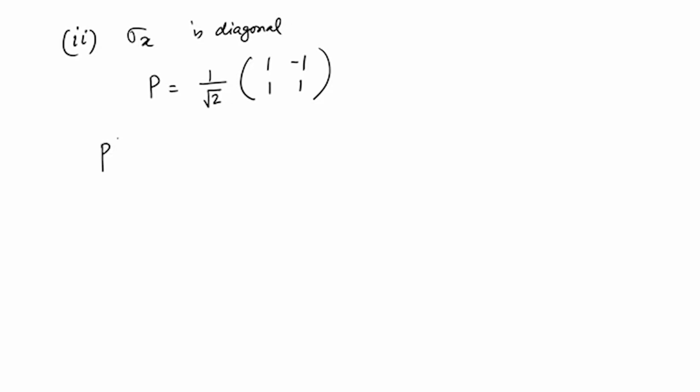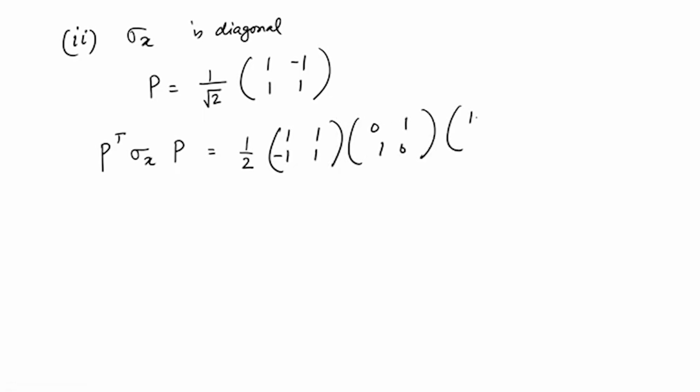So, if you do P transpose sigma x P, this is like a half, because 1 by root 2 squared becomes a half, and then you have 1 minus 1 taking a transpose. So, this becomes 1 and 1, and then you have 0 1 1 0 and 1 minus 1 1 1.